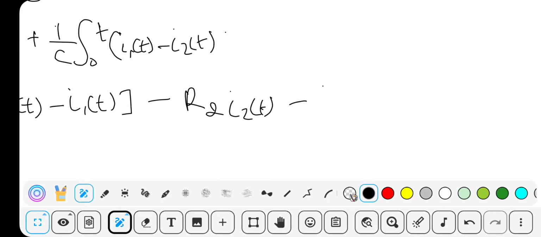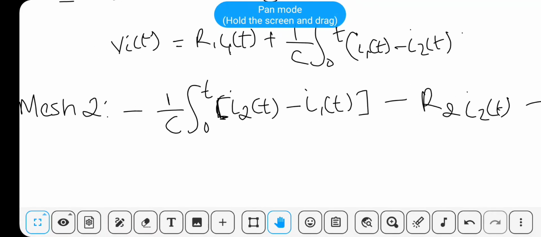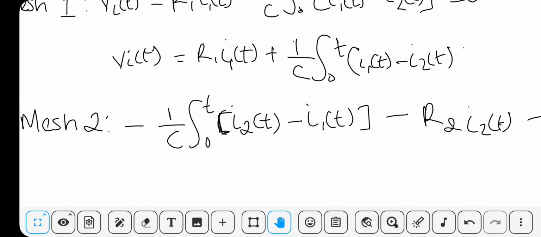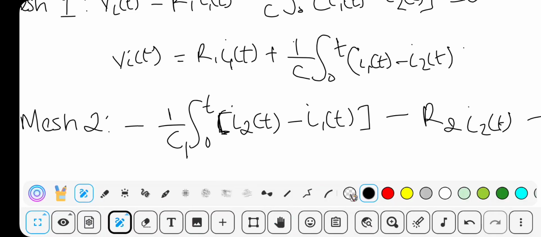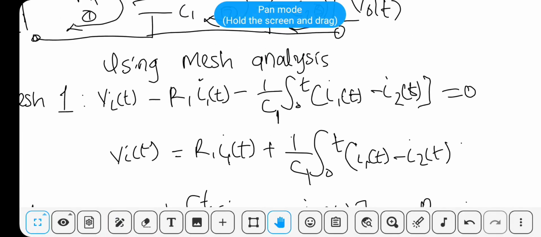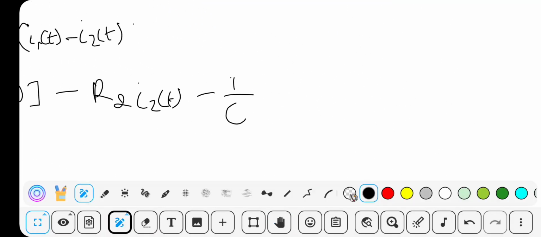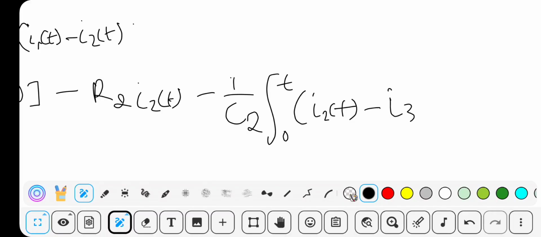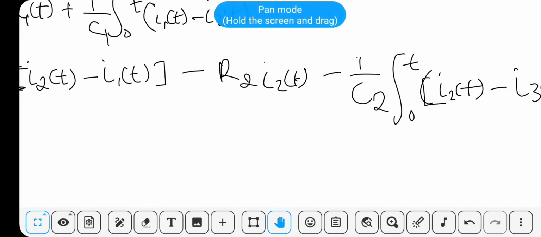So this will be C1, C1, C2, the integral from 0 to t of I2 of t minus I3 of t, and all this equal to 0.